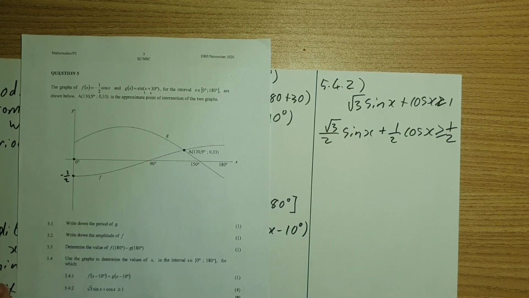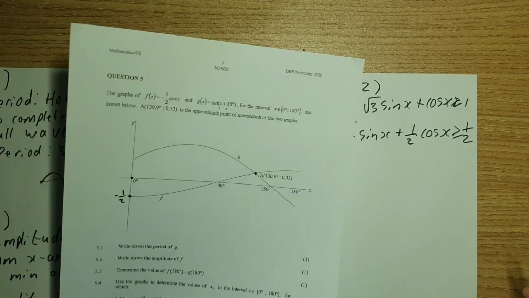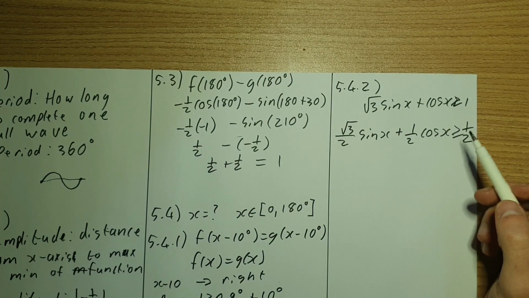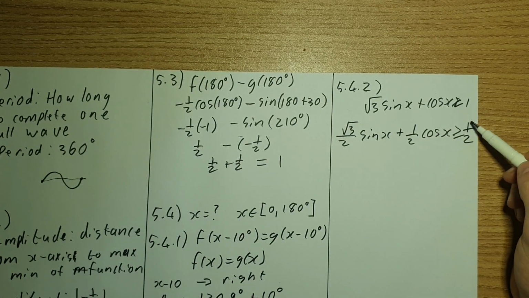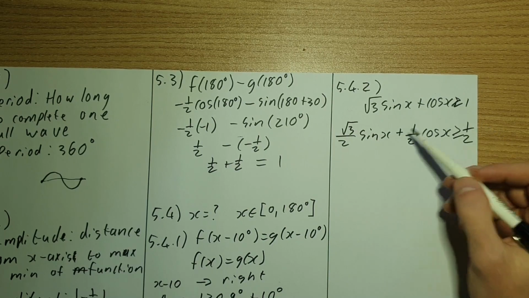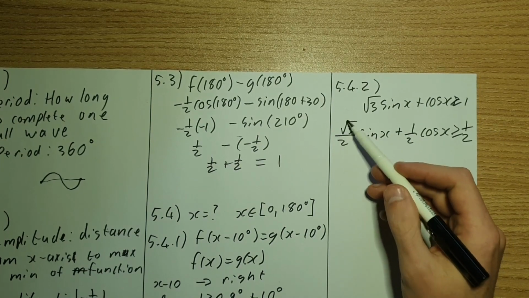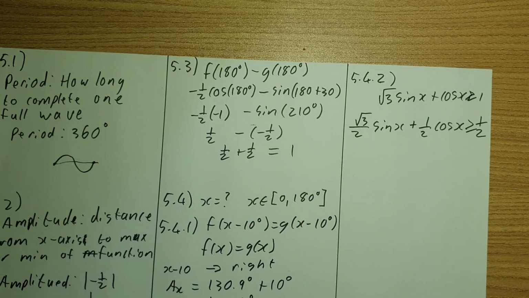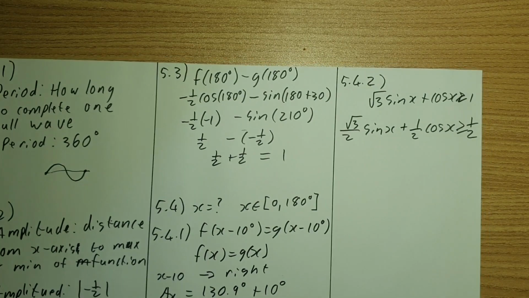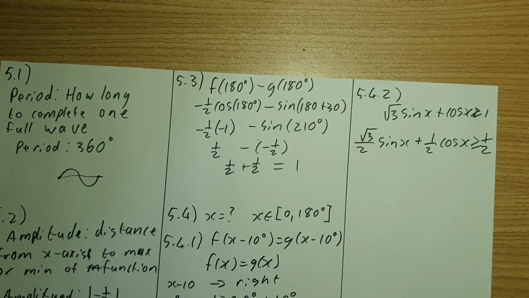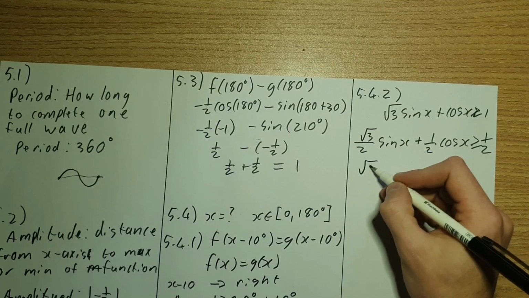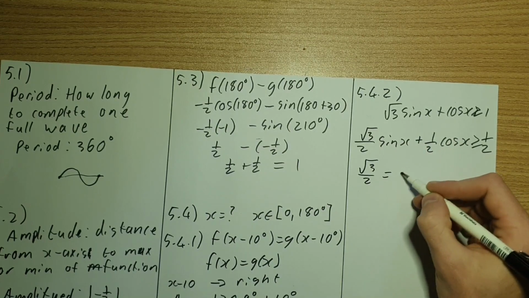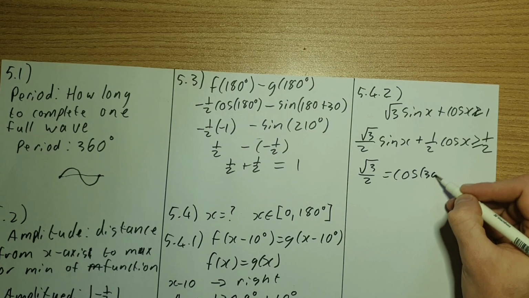Okay, now we know that with our special angles there is an angle for a half and an angle for square root 3 over 2. Okay, so if you use your special angle triangles, you are going to get that the square root of 3 over 2 is equivalent to cos of 30 degrees.